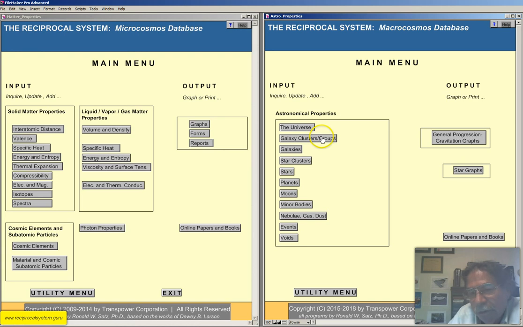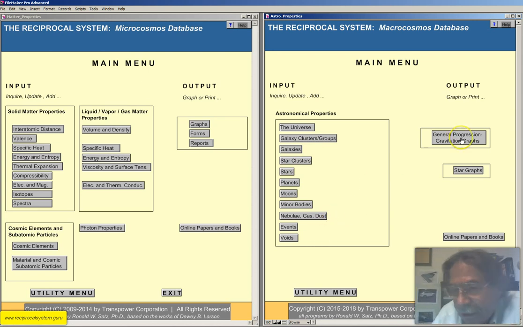The universe as a whole, galaxy clusters and groups, galaxies, star clusters, stars, planets, moons, minor bodies, nebulae, gas and dust, events and voids. Has a good graphics program, so does this Microcosmos database. Covers star graphs and general progression gravitation graphs. Okay.